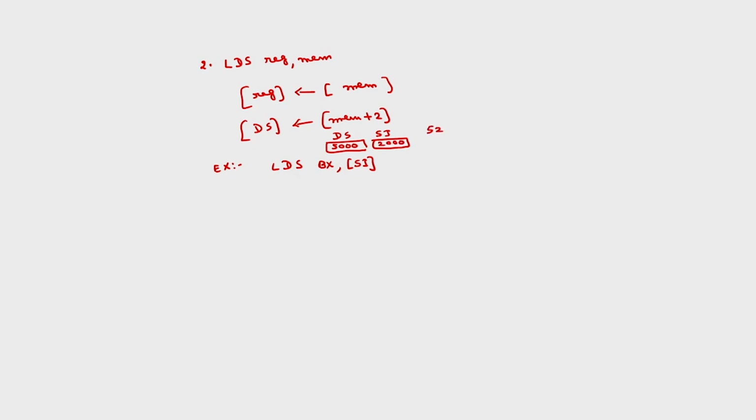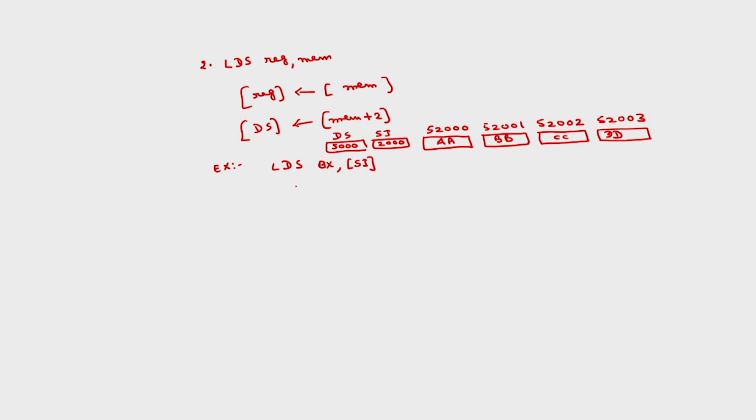The contents of 52000, 52001, 52002, 52003: I need 4 locations here, and I will explain why 4 locations are required. So, these are AA, BB, CC, DD.